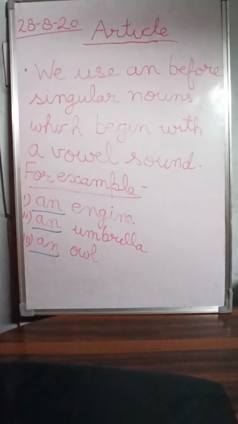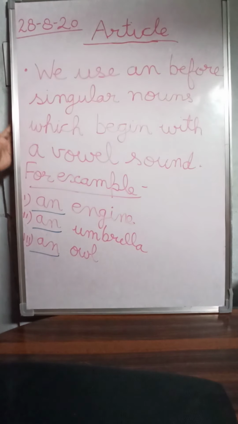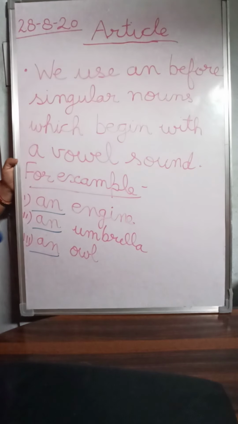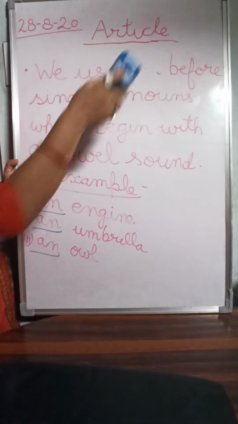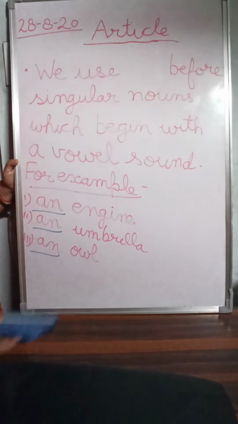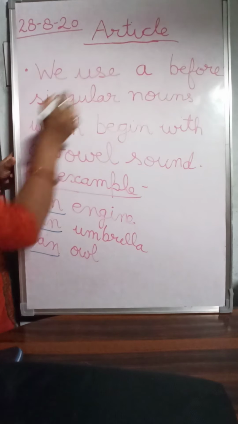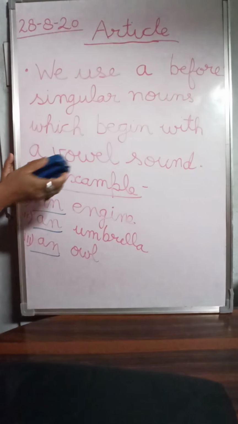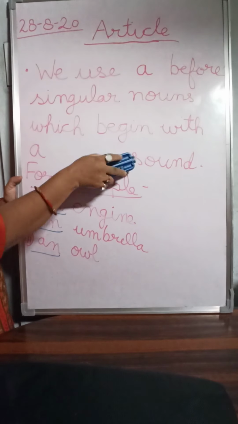Okay friends, now I will give you the definition of article a. So now you can make a change here: instead of an, you can write here a. We use a before a singular noun which begins with a consonant sound.